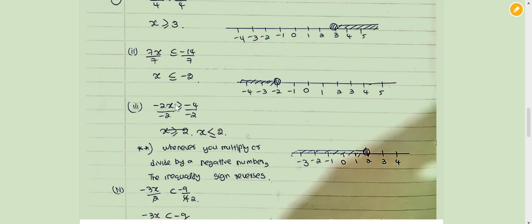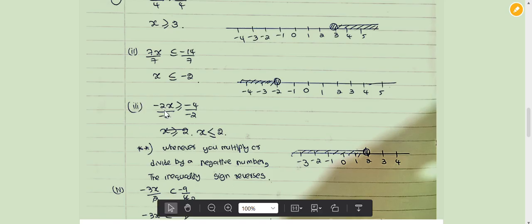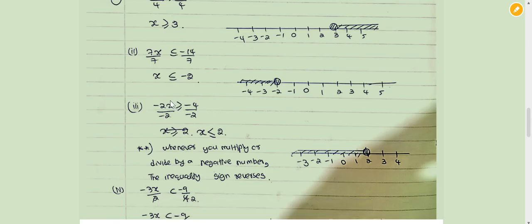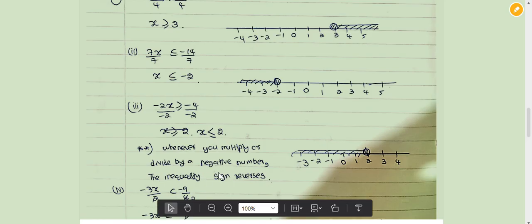That means your inequality sign is reversed, right? So look, this sign is going to this side. Now divide by negative 2, negative 2 cancels, and x is alone. This is greater than or equal, but when you divide or multiply by a negative number, the sign reverses.